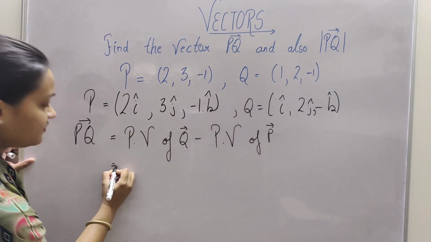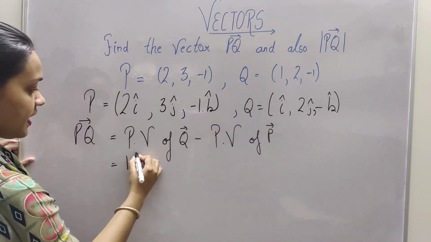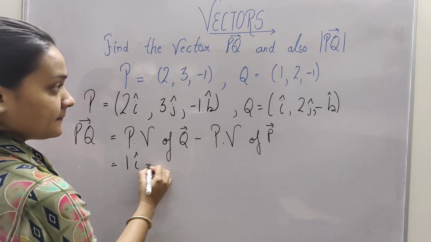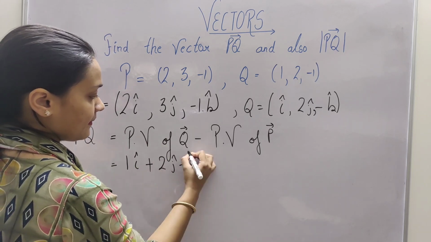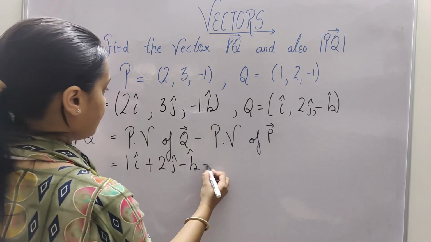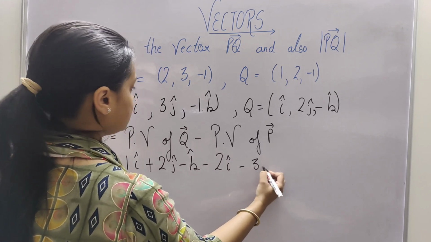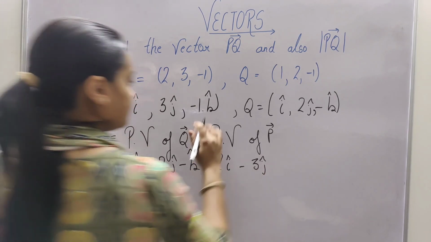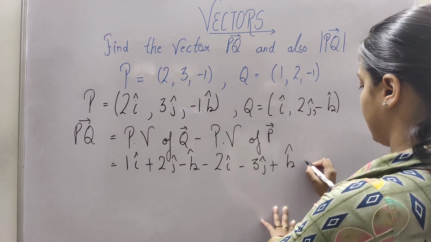So putting the values: 1 i cap plus 2j cap minus k cap, minus this whole term, 2i cap plus 3j cap minus k cap.